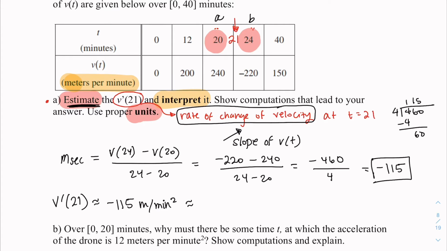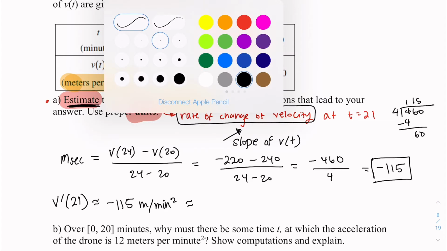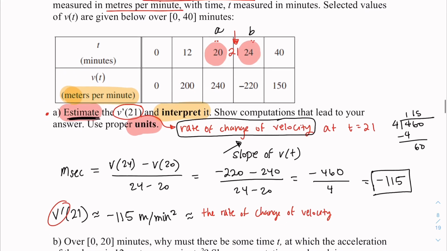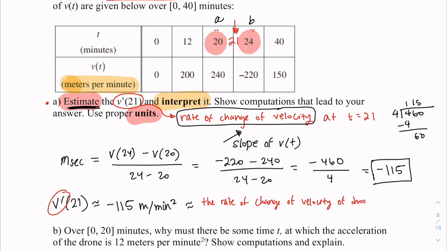We can do this in two ways. We can use this v prime interpretation, in which case we would say the rate of change, just like we did earlier, of velocity. Of the velocity of what? Of the velocity of the drone at t equals 21 is negative 115 meters per minute squared. Okay, that's interpretation number 1.